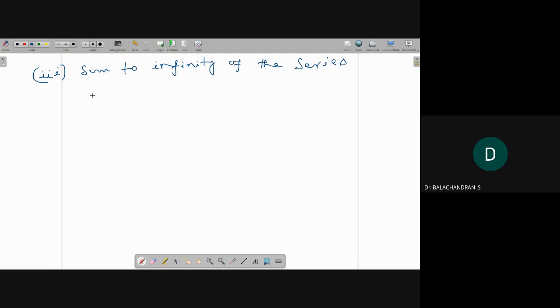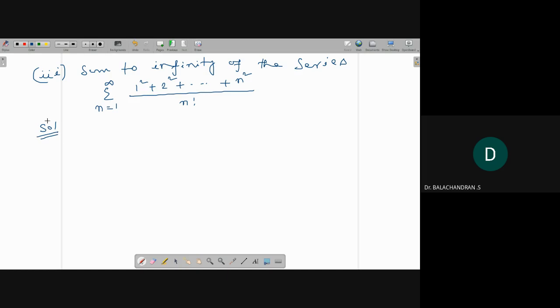The third column, summation n equal to 1 to infinity of 1 square plus 2 square and so on plus n square divided by n factorial. Okay, solution.